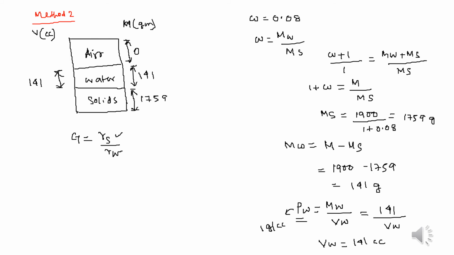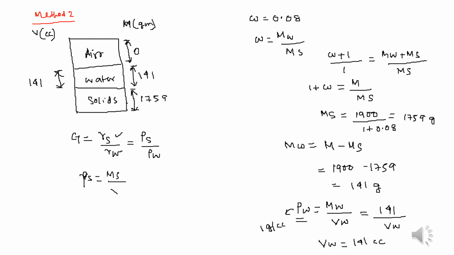So we know the unit weight of the solids, or let me write it in the form of density because we are in gram per cc. So it's rho S by rho W. We can write the density of solids as equal to the mass of the solids by the volume of the solids.